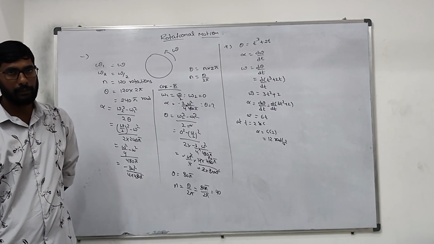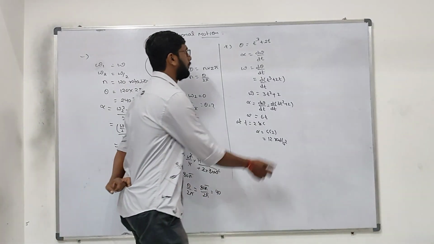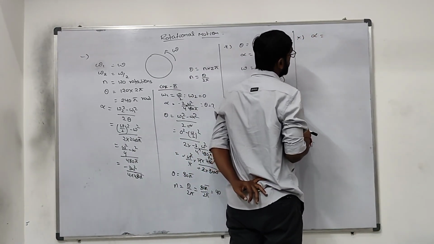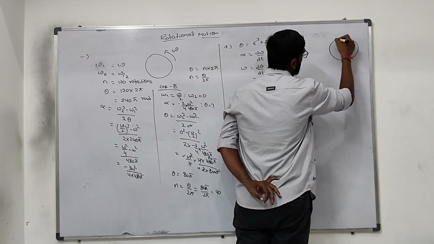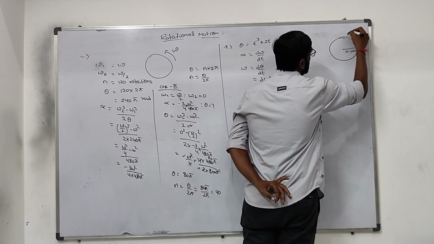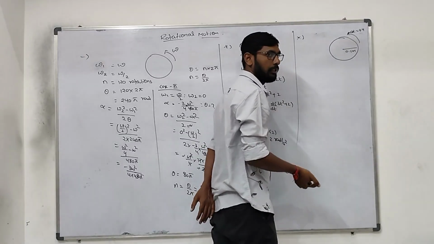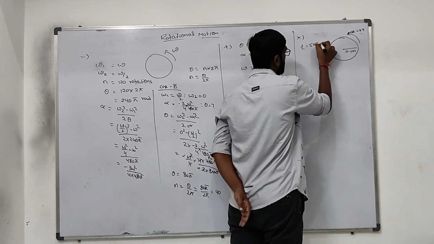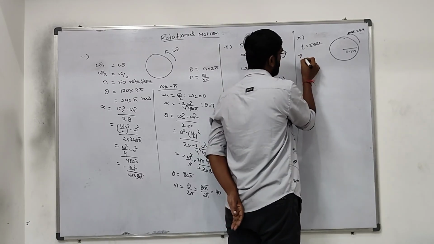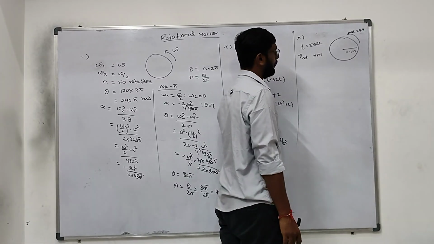What have they given? Radius and angular acceleration, so alpha is given. There is a disc of radius 0.1 meter, alpha is 4.4 radian per second square, and after t equals 5 seconds we need to find the speed of the particle at the rim.